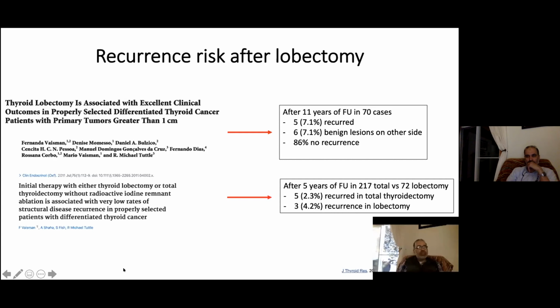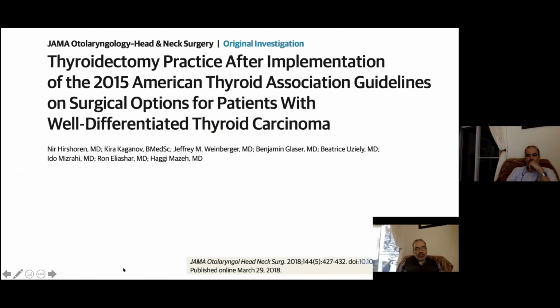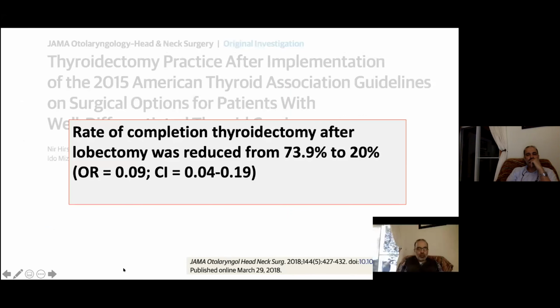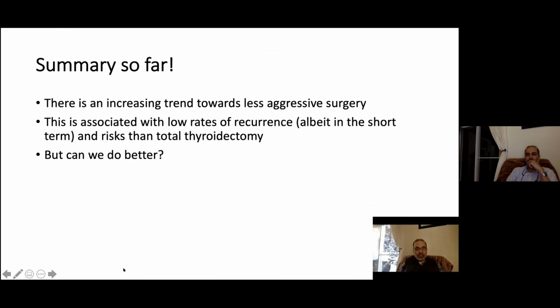Therefore, there has been a change in practice. This study came out of Israel, and essentially since the new guidelines came out, the rate of completion thyroidectomy, which is removal of the rest of the thyroid after lobectomy, has reduced significantly, from almost two-thirds of patients having completion thyroidectomy to only 20% now. A lot of these people are being spared this additional surgery. So overall it has changed.